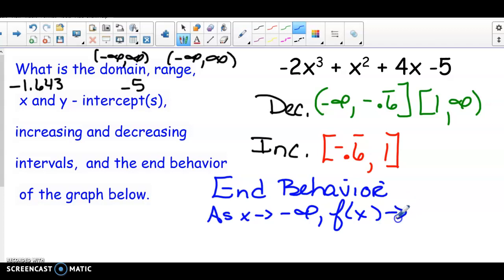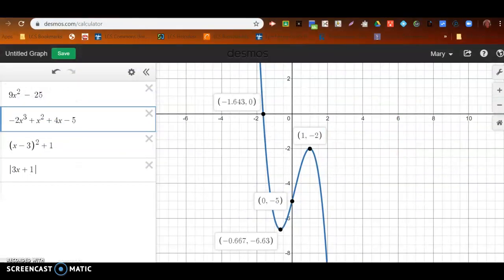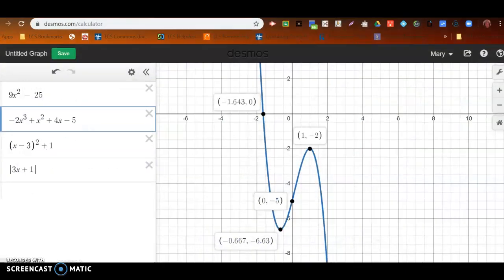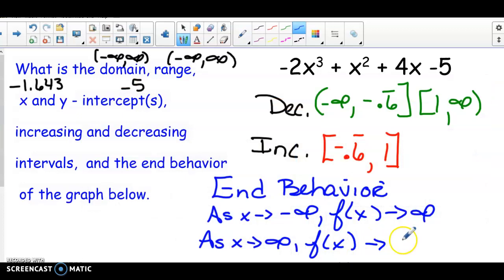Well, let's look at the left side of our graph. The left side of our graph is pointing upward, so that means it's going to positive infinity. As we move to the right, so as x approaches positive infinity, what is the end of your graph approaching for y? When we look at the end of our graph on the right side, it's pointing downward, so that means it's approaching negative infinity.